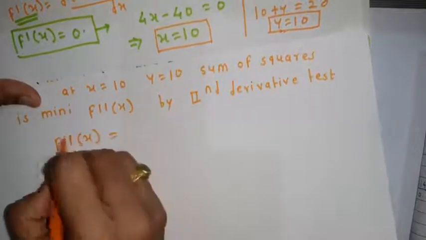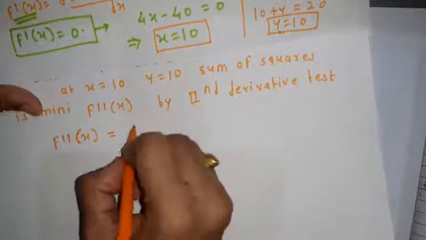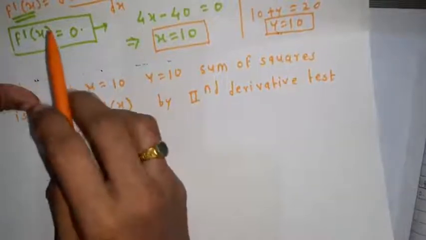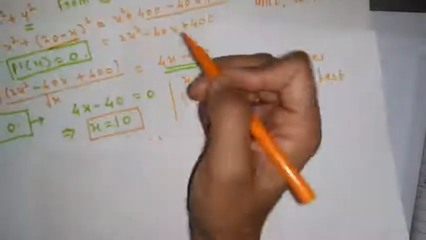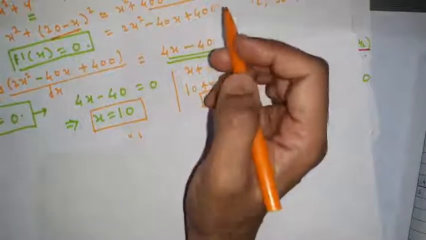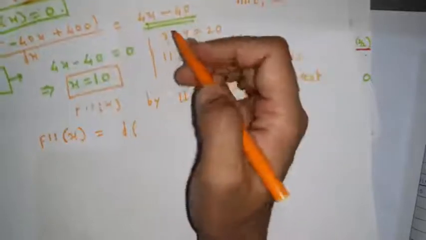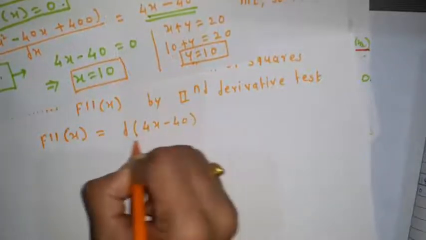The second derivative test is whether f double dash of x is positive or negative. f double dash of x is the differentiation of f dash of x. What is f dash of x? It is 4x minus 40.